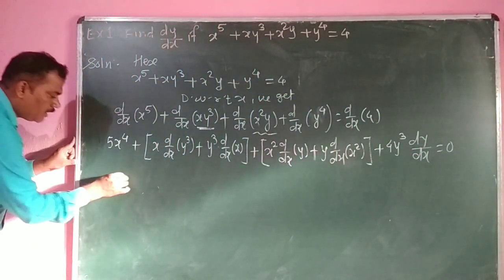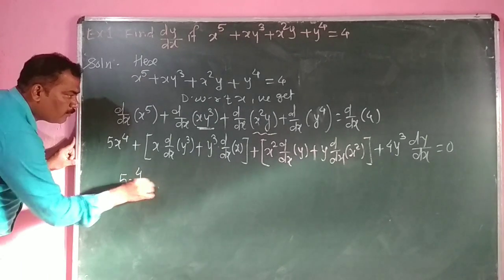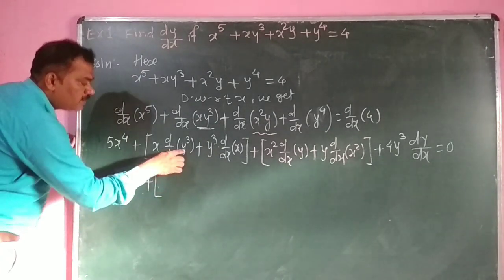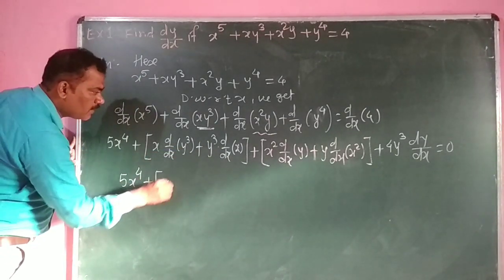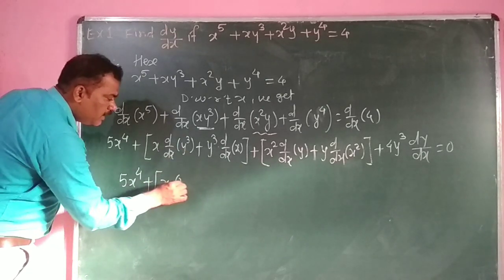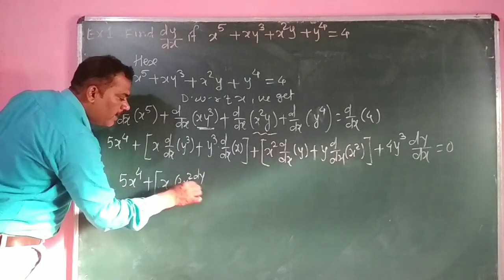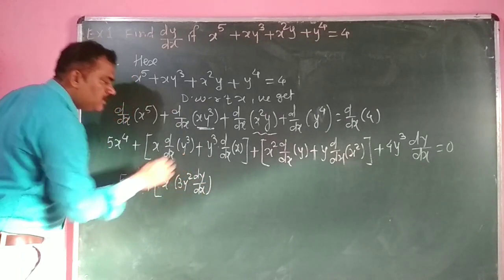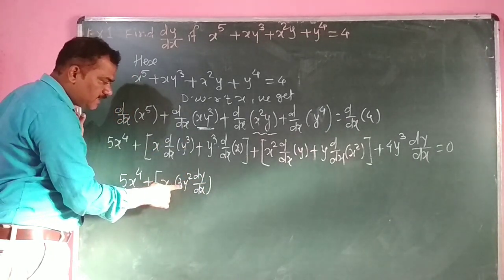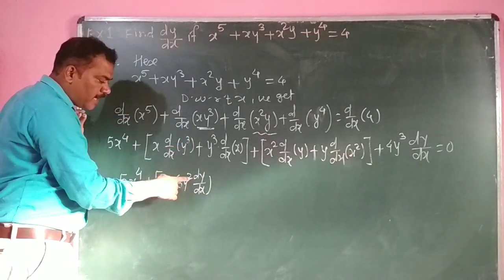So what we have to get? 5 times x raised to 4 plus, what is the differentiation of y cube? x into 3y square into dy by dx. By using the power function formula, take the 3 as it is, and from the power we have to minus 1.